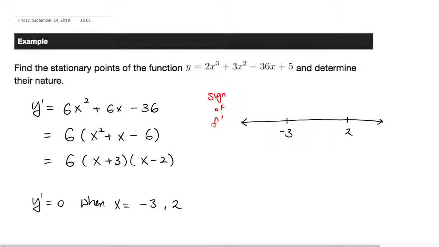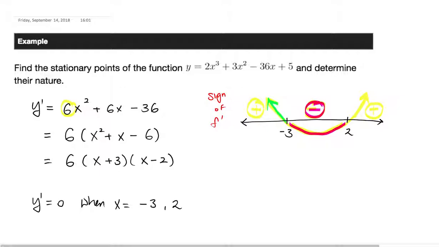Now, I already know that my derivative is shaped like a parabola, and the leading coefficient is positive, so I can draw a parabola like so, and I know this is going to be positive, negative, and positive here because it's above the x-axis, below the x-axis, and above the x-axis here. Maybe I'll change the color for the bottom part like that.